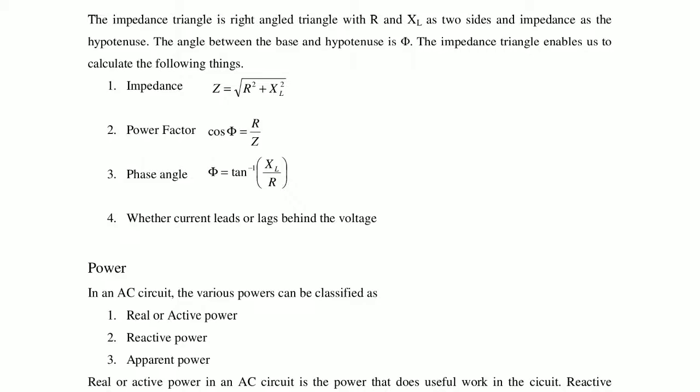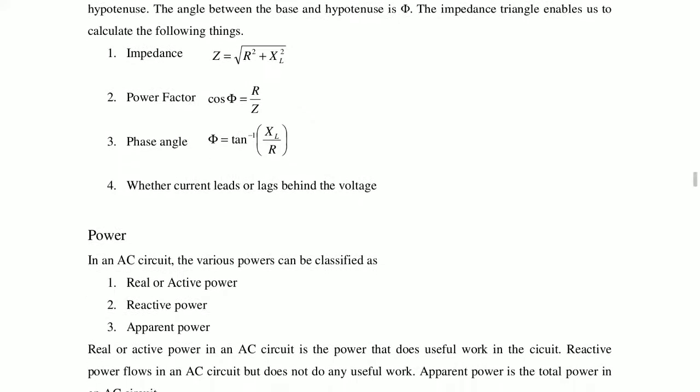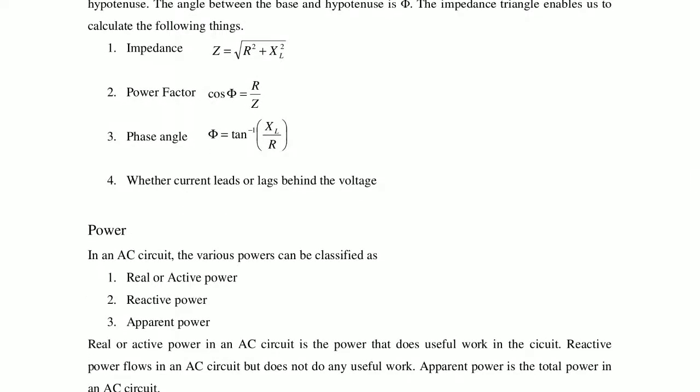The capacitor or inductor does not have active power, only reactive power. Apparent power is a combination of active and reactive power. That combination is not an algebraic sum, it is a vector sum.